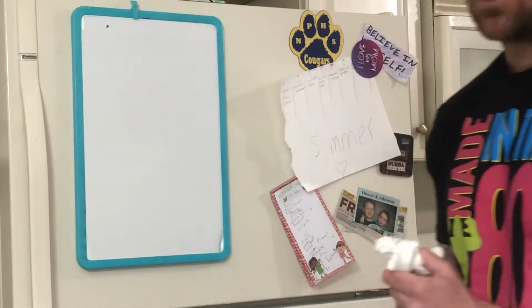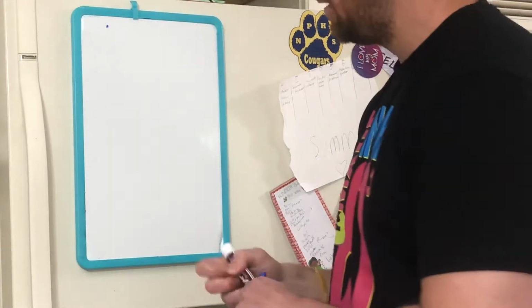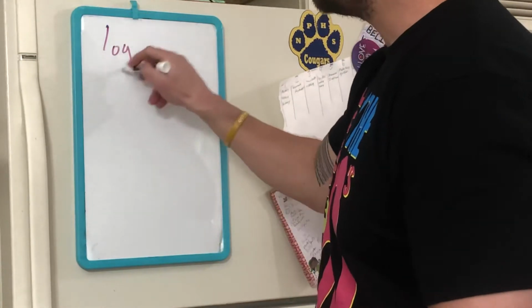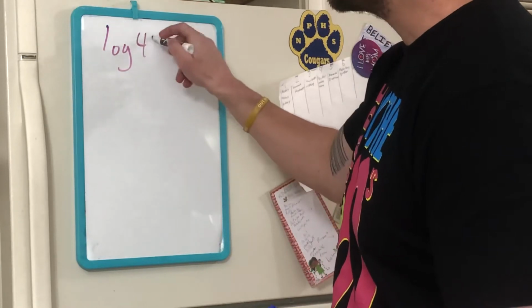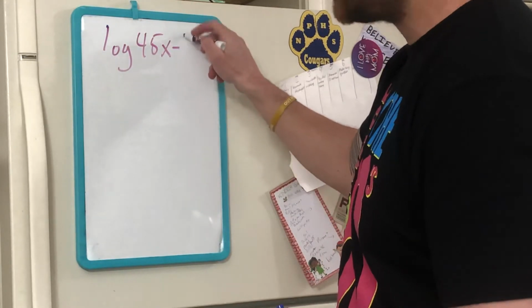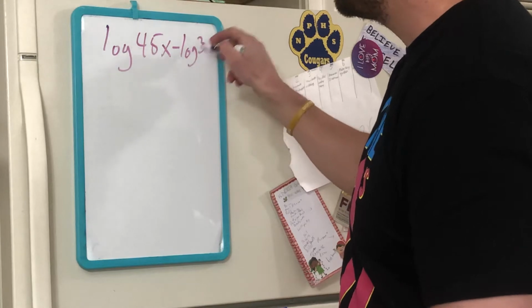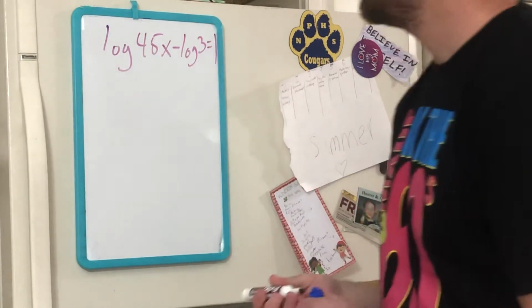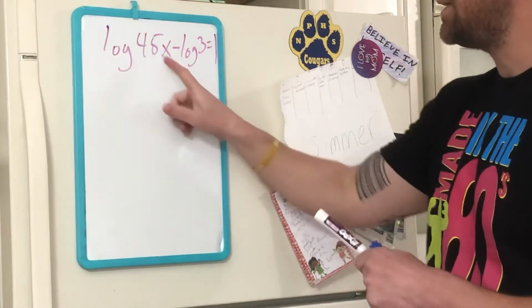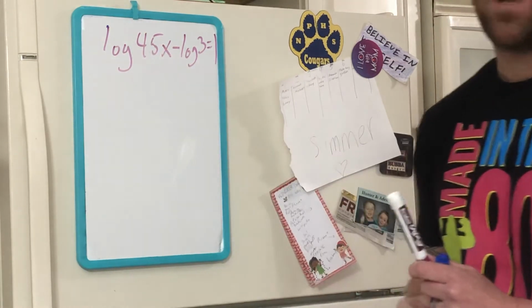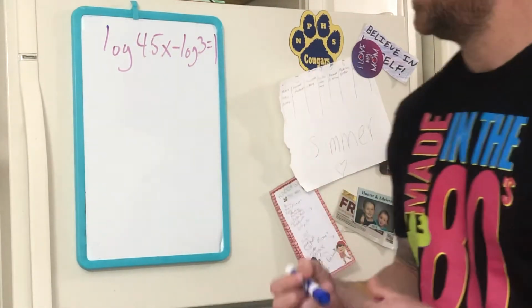Okay, log equations. So if I have log of 45x minus log of 3 equals 1. Remember from last week that minus is the same as divide in logarithms.